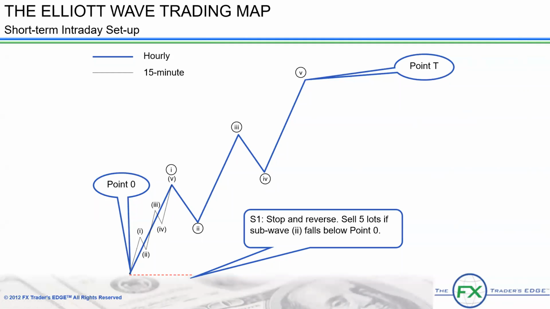You sell 5 lots if subwave 2 falls back below point 0, because you know if the market is going to go lower, then wave 2 will go below the starting point again, below point 0. So this is a way to be very proactive and aggressive to make back the loss. If you bought 3 lots, you sell 5 and you buy the 2 back so that you don't lose anything on that trade.